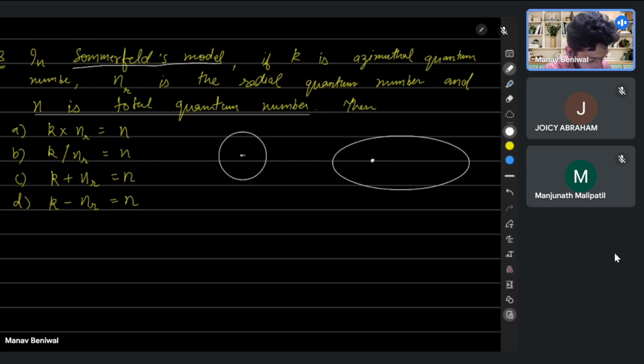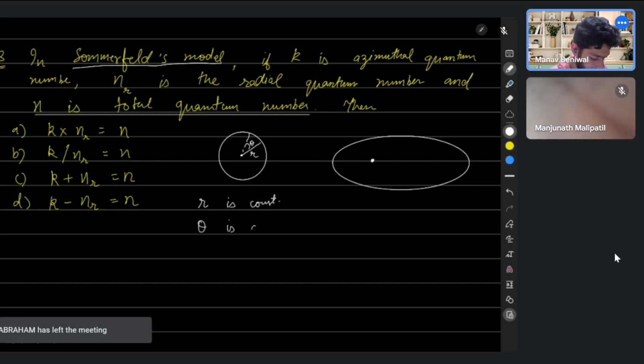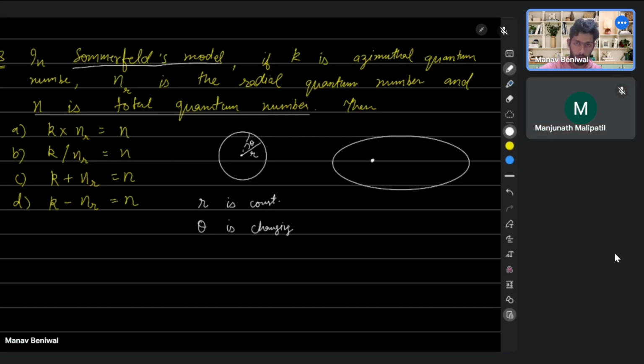So what happens here? Your r, the radius of your orbit, is constant. Only your theta is changing, right? So here r is constant and theta is changing. Therefore, you get only one quantum number, which is n, and this corresponds to your angular momentum. Correct? Because we know that L is given as n h cut.